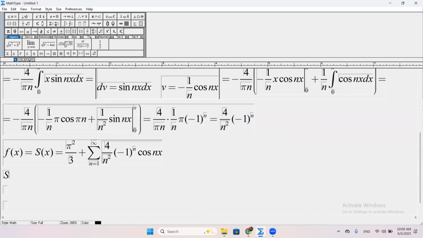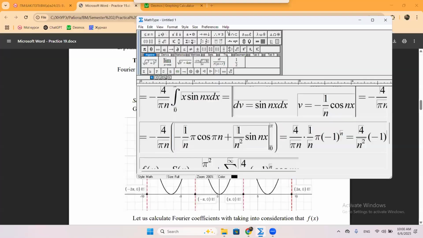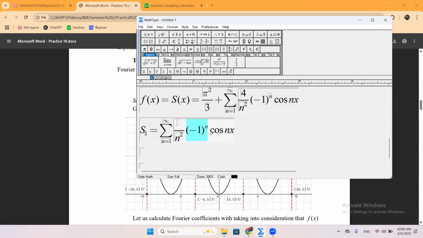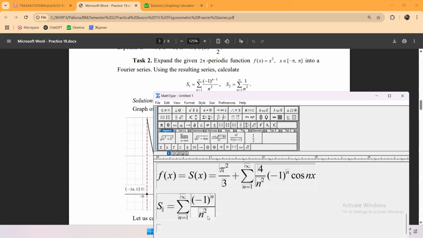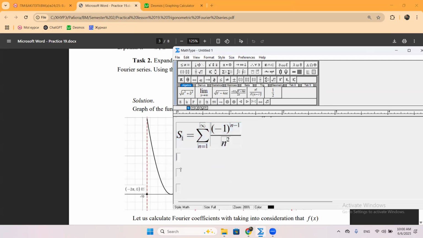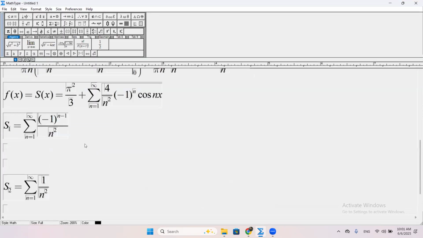And we have to calculate the following numeric series: minus 1 to the power n over n square. Actually, the modulus of this series is a generalized harmonic series, so we will calculate the sums of this series.